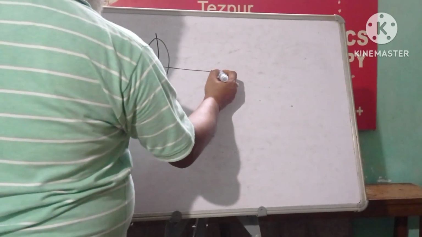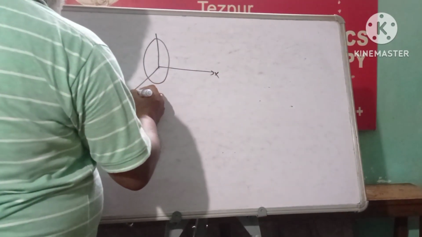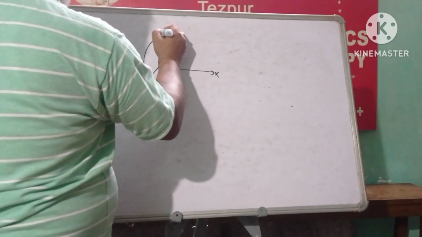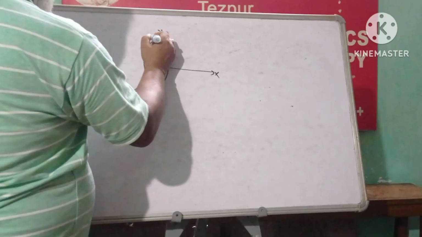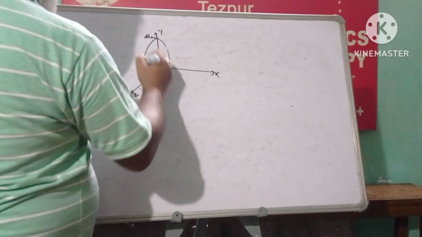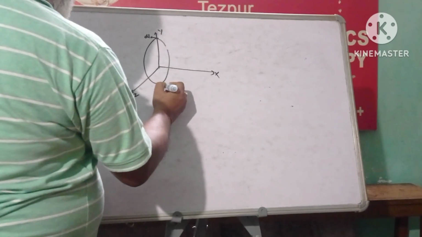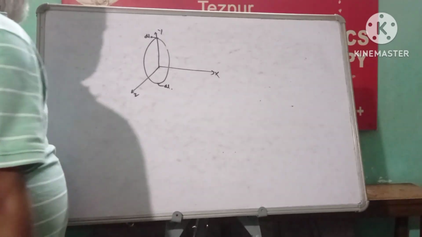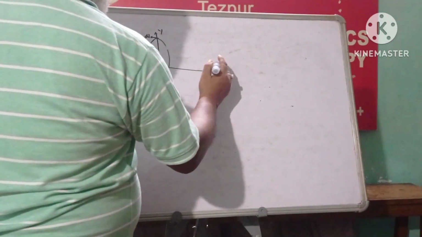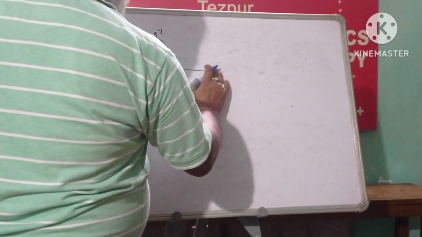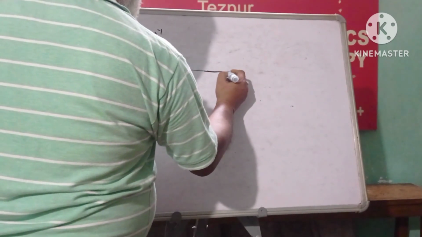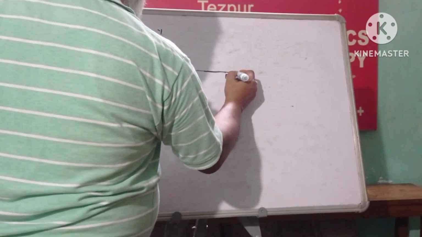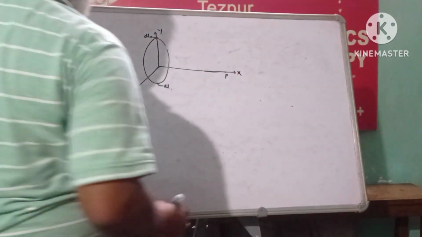This is your x, this is your z, and this is your y. Here you are considering a small element dl, and current is flowing through it. Now you have to find what will be the magnetic field at some point P.